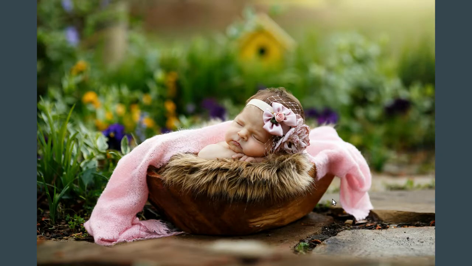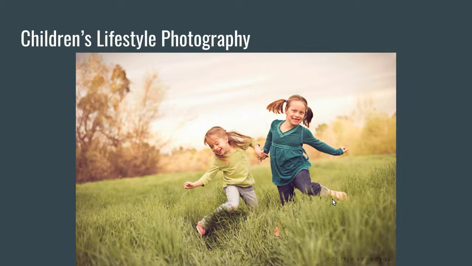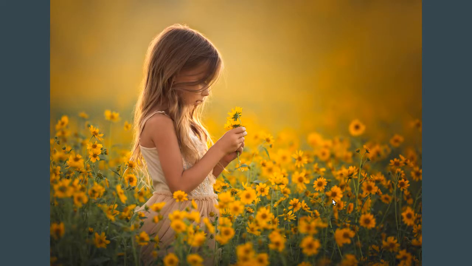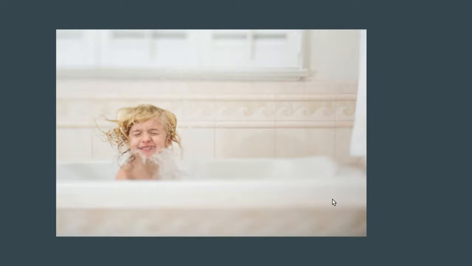There's certain things that you do with newborn babies, even a certain period of time in which it's best to shoot them. And then there's children's lifestyle photography, which is trying to take pictures of kids doing kid things. Now, you may set up a situation, but still, it's supposed to be capturing what childhood is.